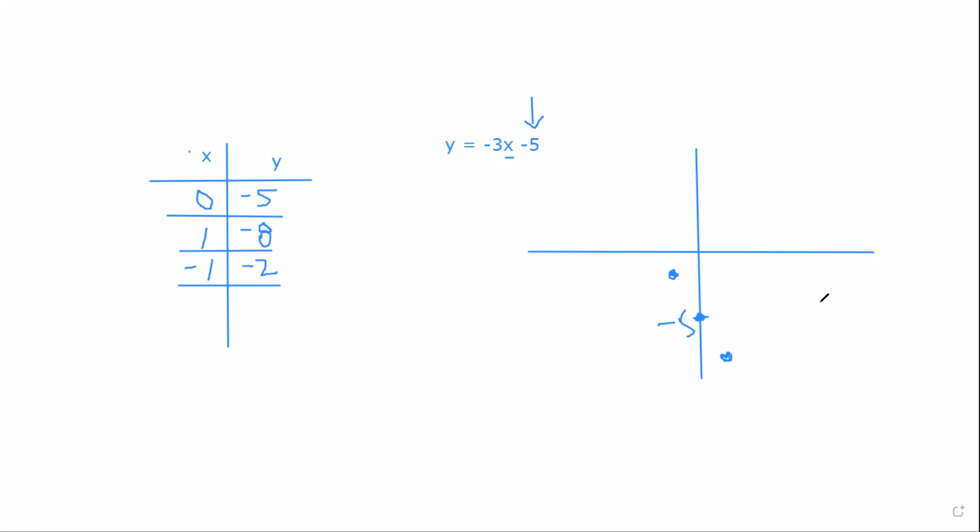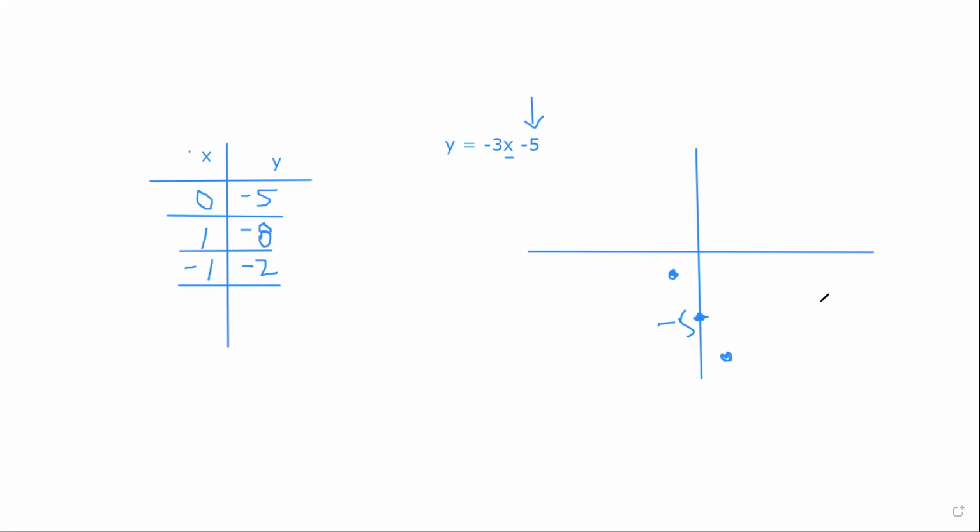And the thing is, we can use any numbers that we want for x. This is a sort of demonstration of why slope-intercept is a function. Because when you put a number in for x, you're going to get one possible answer and one answer only for y.